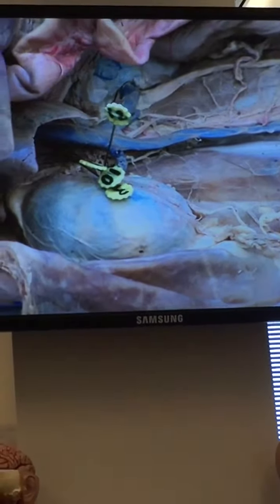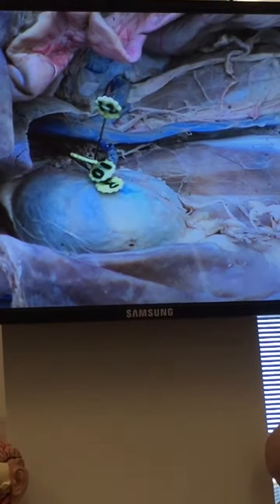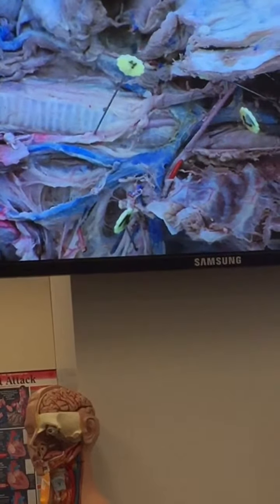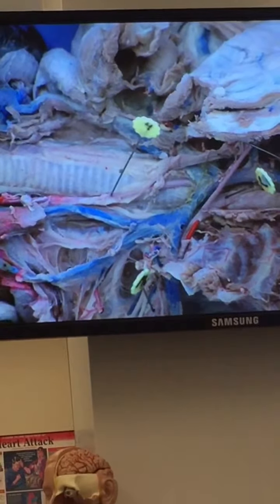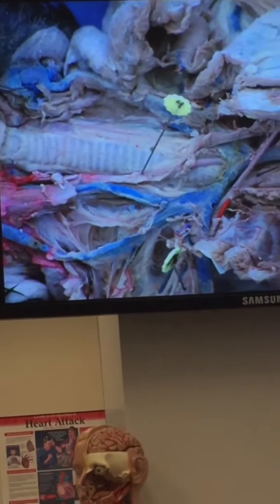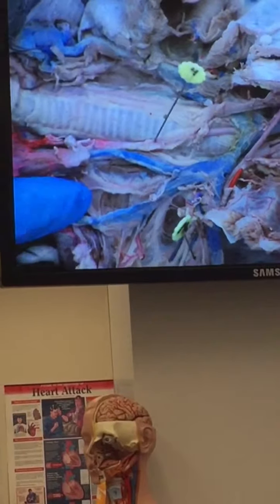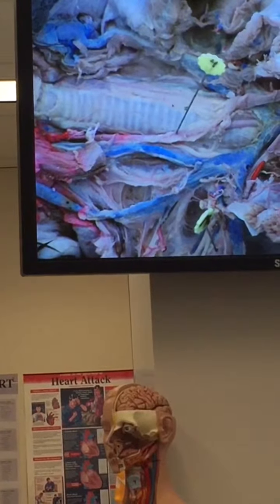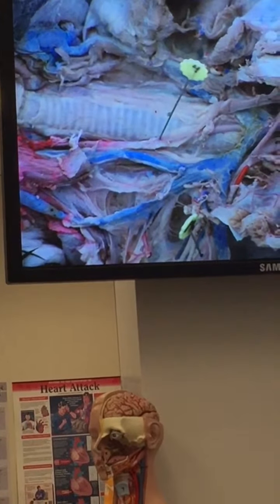All right, next thing, external jugular. If you look on page 374, you have external jugular, and then you have an internal jugular as well. So the external and internal, but if you notice on your list, I think you only have to know the external. So don't get confused.